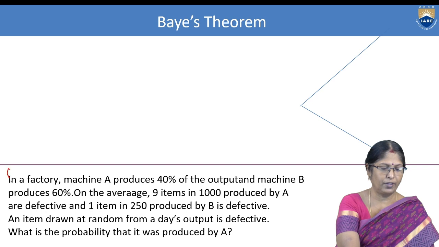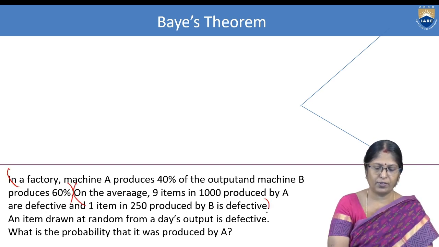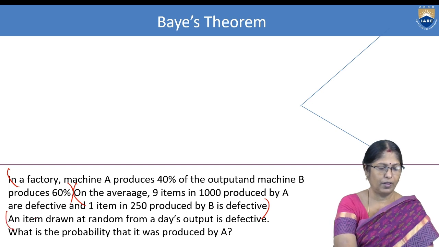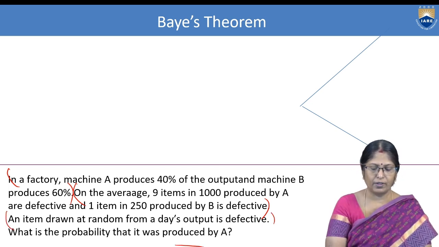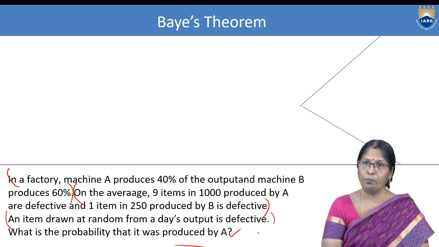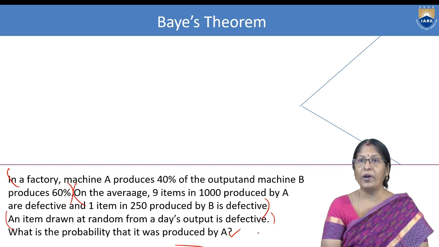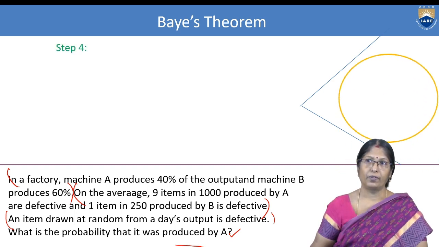So we did step 1, step 2 and step 3, that is the total defective. Here 2 events are there. They are asking about main event A, how many defective outputs out of the total output it is producing.